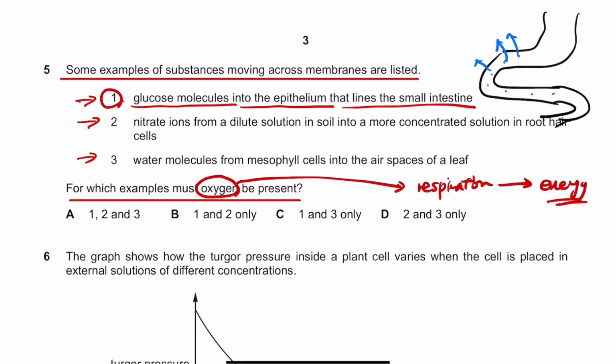So even if we have high concentration of glucose inside our body and relatively low concentration in the small intestine, we just absorb them into our body. So the glucose molecules are now transporting from low concentration to high concentration. And this process is, of course, called active transport.